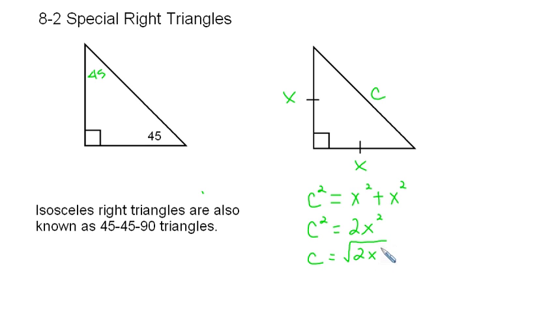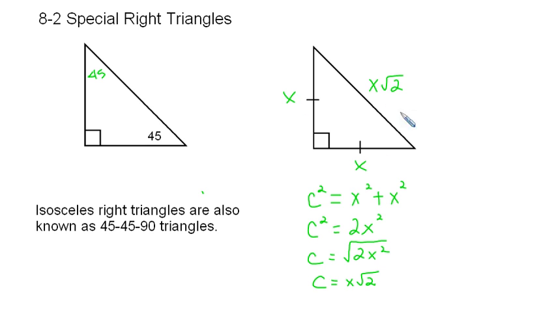So we're just ignoring the negative, and we'll end up with c equals the square root of 2 times the square root of x squared. Well, the square root of 2 won't reduce, but the square root of x squared would give us x, so I'm left with x times the square root of 2. So c would be x times the square root of 2. So I'm going to erase the c, and in its place put in x times the square root of 2.